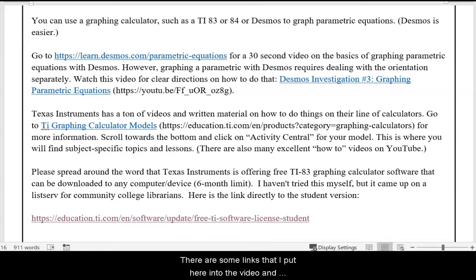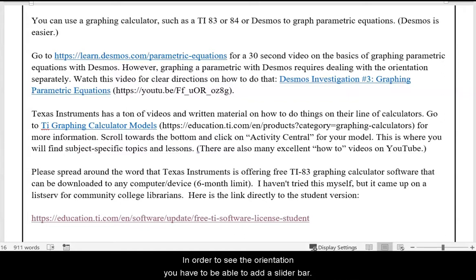There are some links that I've put here into the video and into the file associated with it that explain how to graph a parametric equation in Desmos. In Desmos, it does not view the parametric equation as having three variables and simply produces the final result of the parametric equations together.